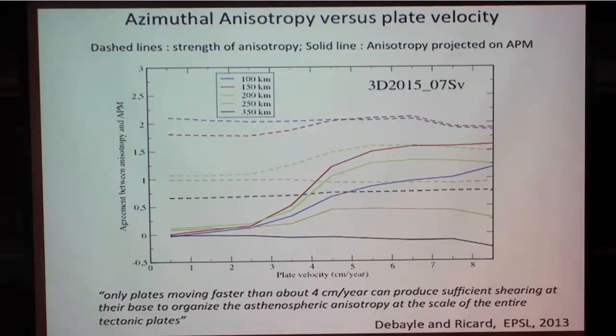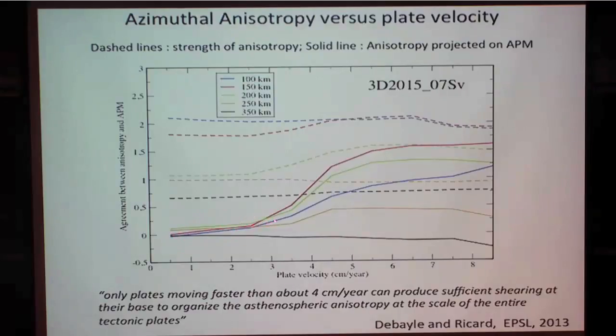But now, if we look at the part of the anisotropy that is aligned with the plate motion, which is the green lines shown here, you see that the situation is completely different. For slow plate motion, there is almost zero component of the anisotropy that is aligned with the plate.